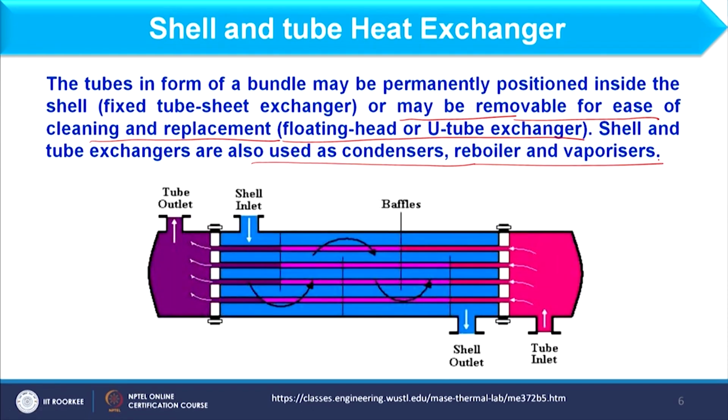Now, here if you see, we have the schematic of a shell and tube heat exchanger, details you can find from this link, and here you see we have this tube sheet. Okay. So, these are basically the tube sheets at both sides of the tubes where tubes are inserted, as you can see here. Okay. Now, what will happen? This tube sheet separates the fluid which is moving in the shell.